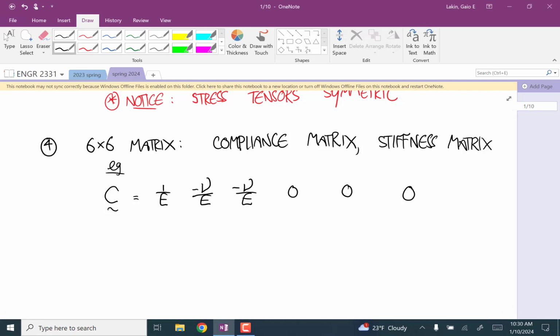This is a first glimpse at this stuff. You don't have to remember this stuff after today. You're going to keep seeing this stuff. But the 1 over e just keeps moving along in these three, and the negative nu over e fills out the other two spots. So now we have 1 over e here, negative nu over e here, and zeros.